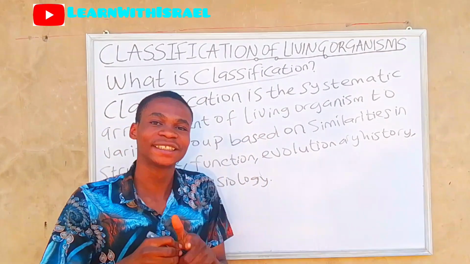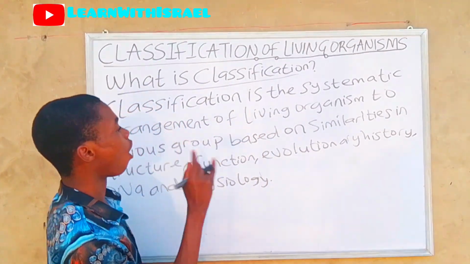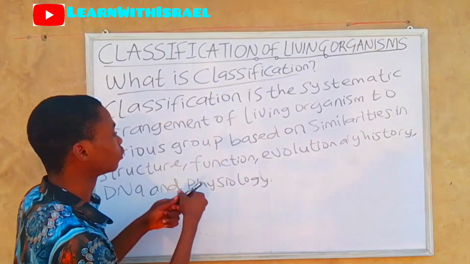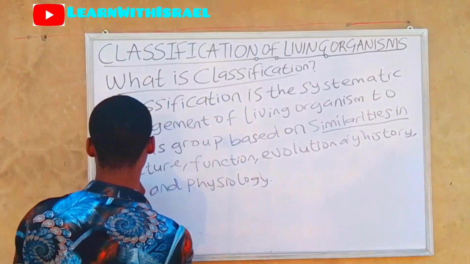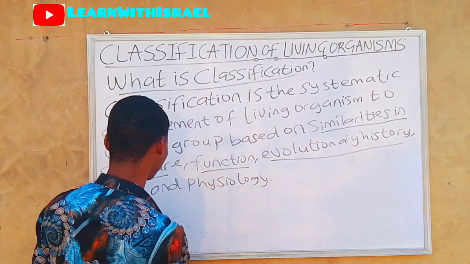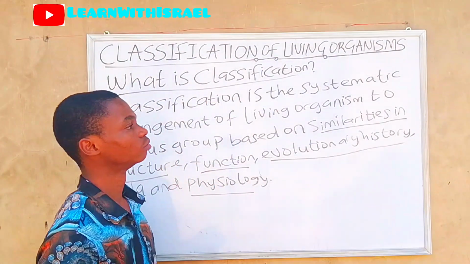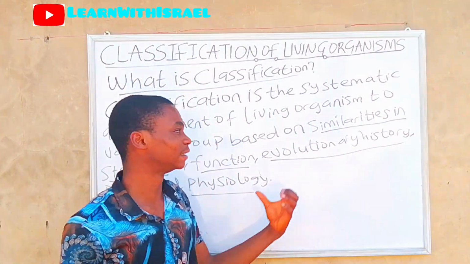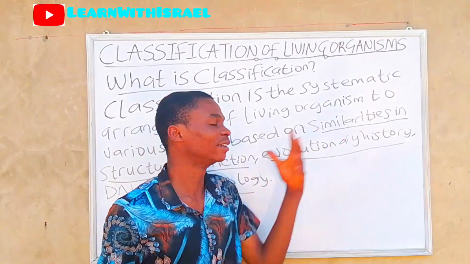So classification is the systematic arrangement of living organisms to various groups based on similarities in structure, function, evolutionary history, DNA, and physiology. So the arrangement is based on these things I underline.